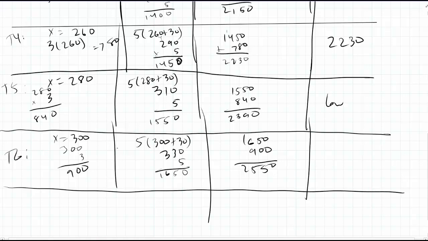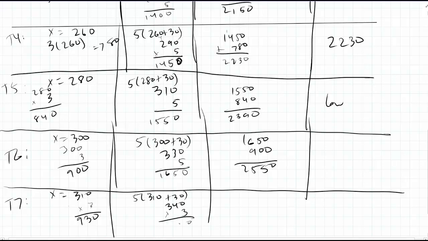Trial 7. This is pretty long. Since we're going about another $100, let's say 310. 310 times 3 is 930. 5 times 310 plus 30 is 340 times 5, which is 1,700.